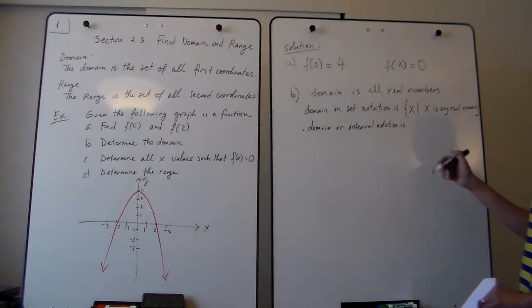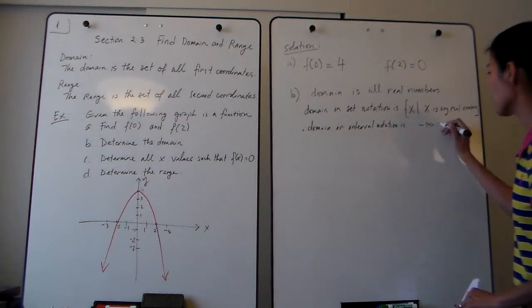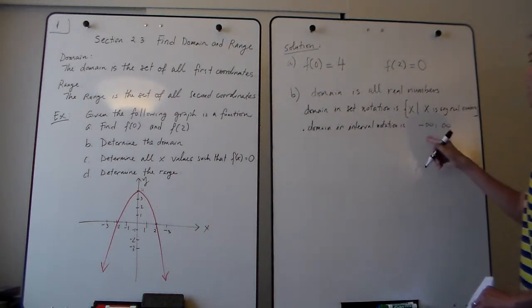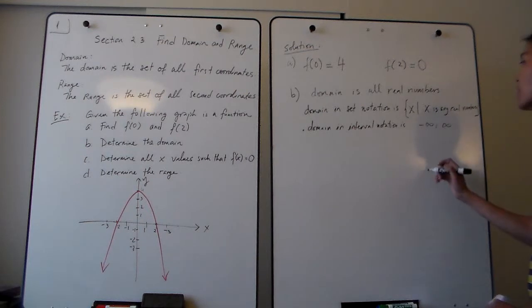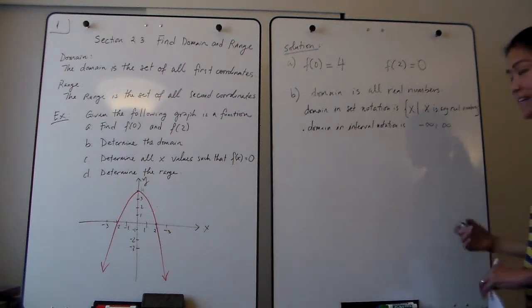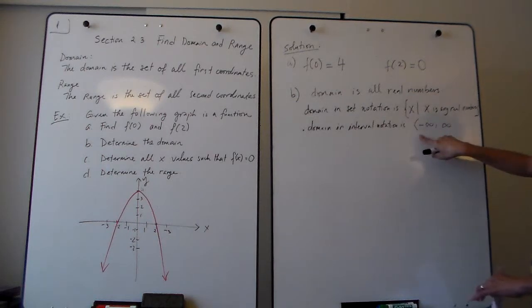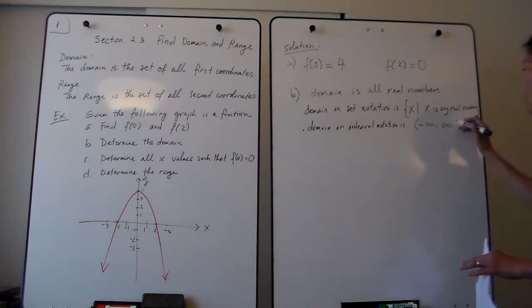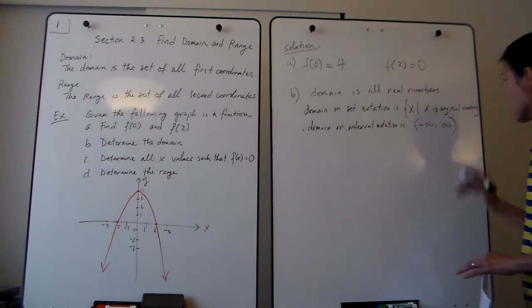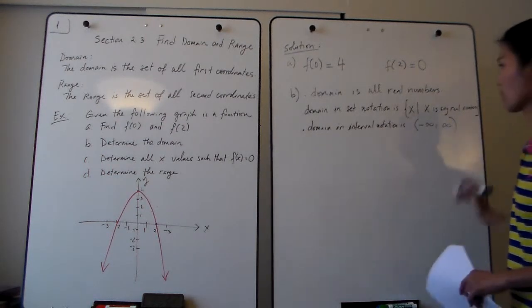So in interval notation, it's negative infinity to positive infinity. Now remember, for negative infinity, we don't know how small it is, so we use the left parenthesis. For positive infinity, we don't know how big it is. We use the right parenthesis. Okay.